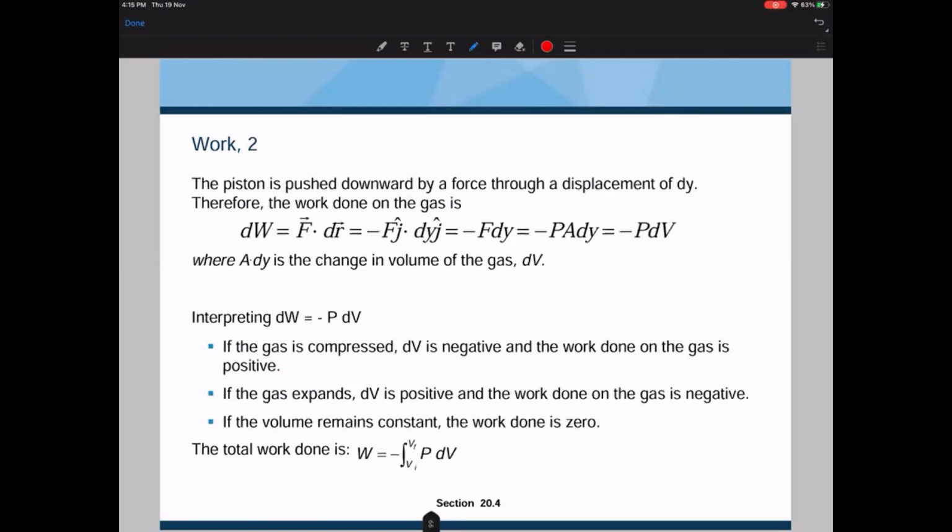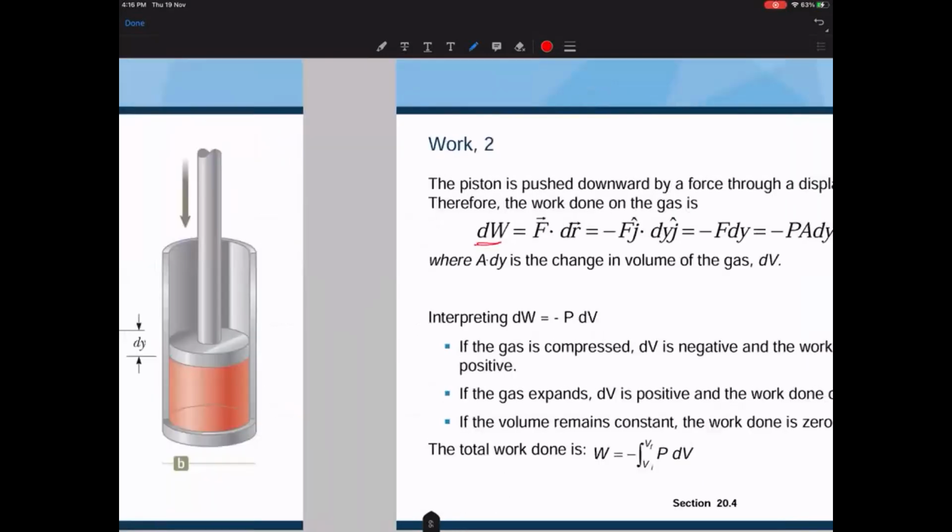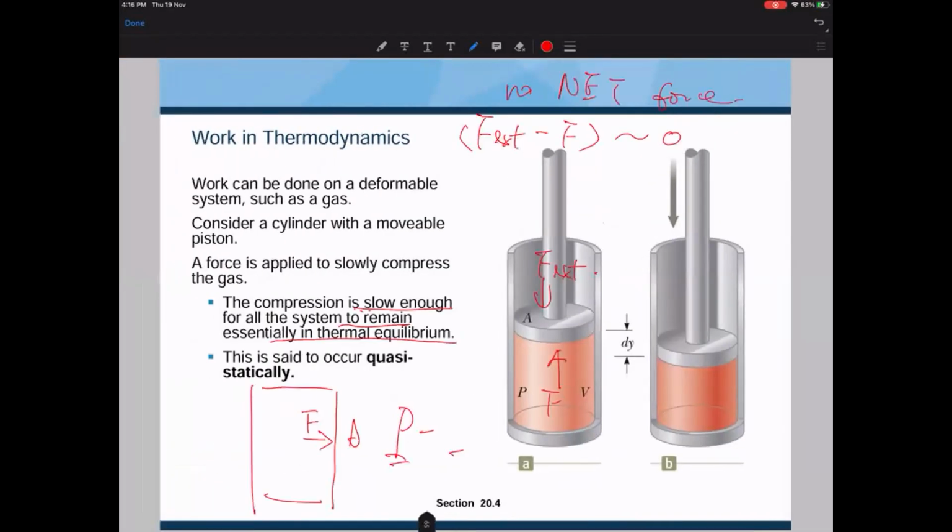So what is the work done by the force? Work done by the external force. So the work done, if you are trying to compress the gas, let us say the y direction is in the upward direction, and you have a displacement dy.